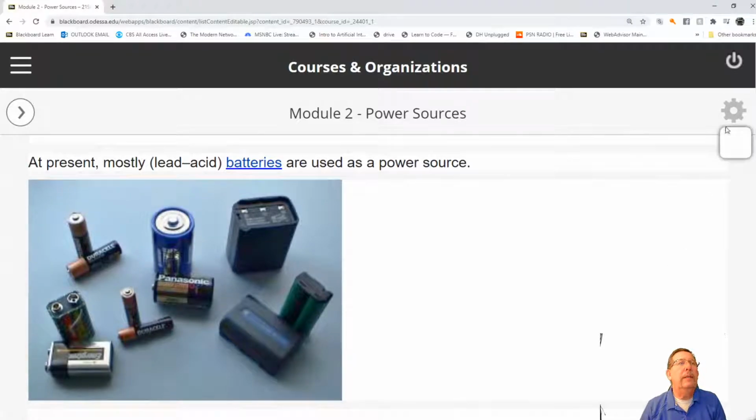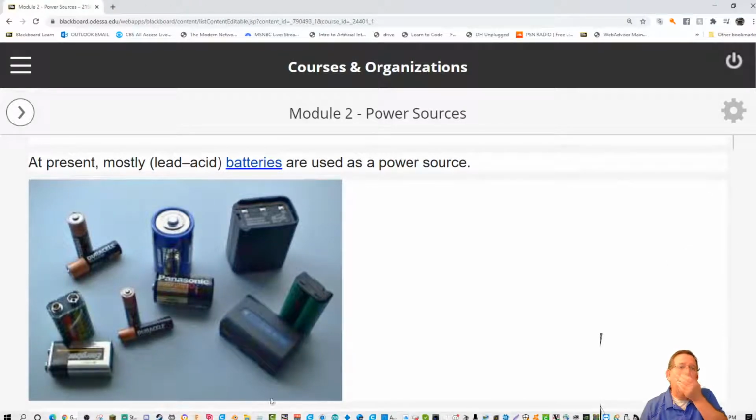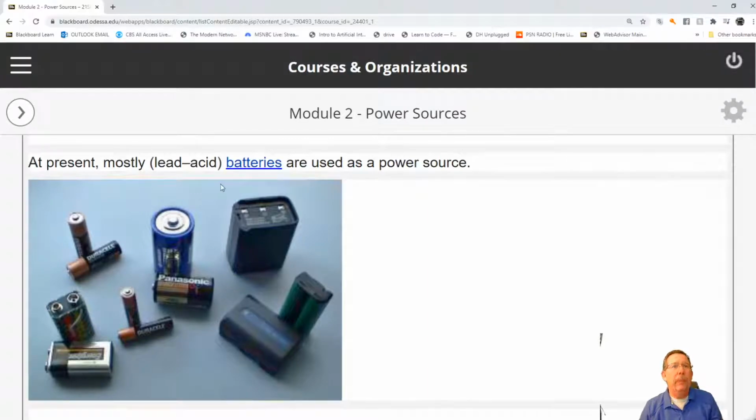Usually it's lead acid, although lead acid is heavy, and we'll talk about the drawbacks of the different batteries. There's all sorts of batteries used in powering all sorts of devices, not just robots.